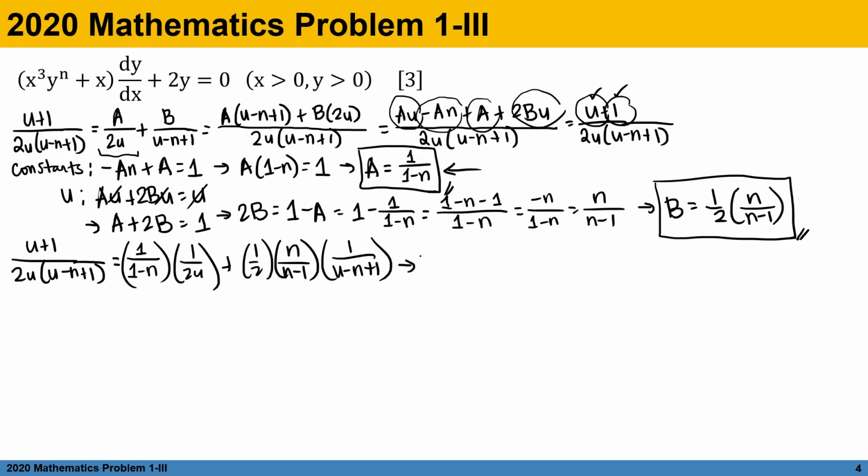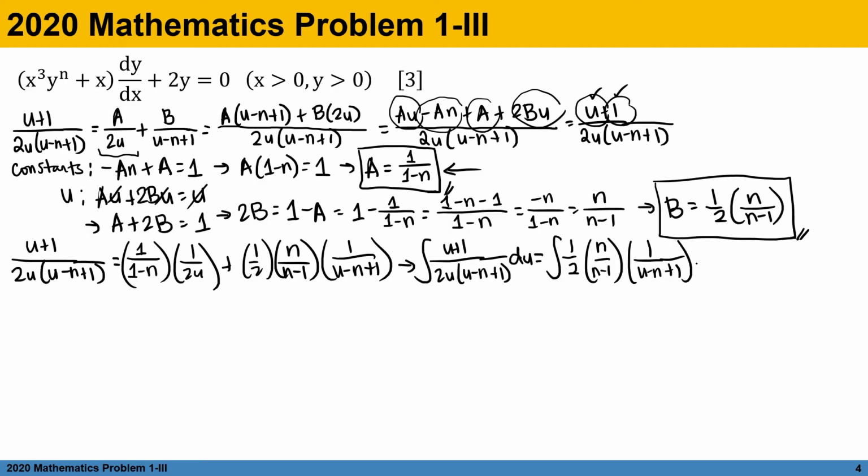Therefore, the integral of (u plus 1) all over 2u times (u minus n plus 1) du is equal to the integral of 1/2 times n over n minus 1 times 1 over (u minus n plus 1) du.